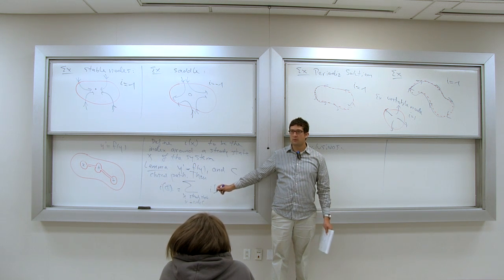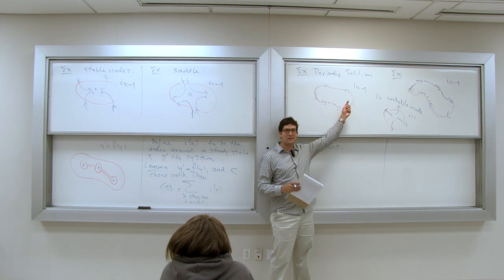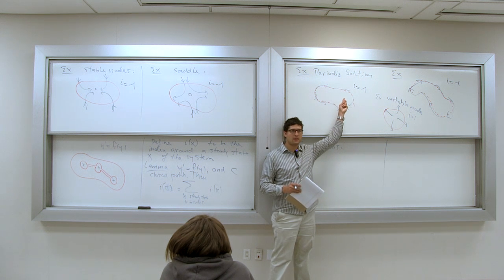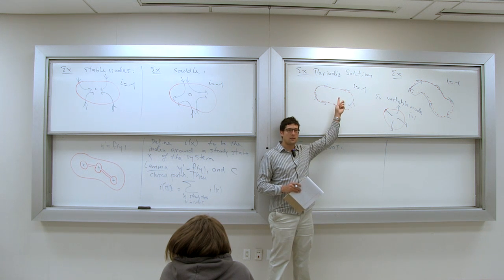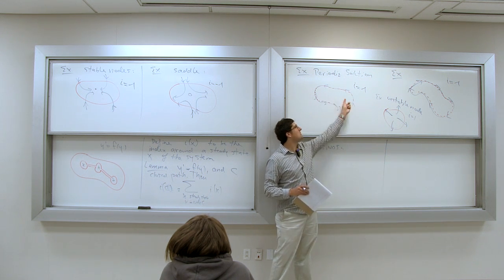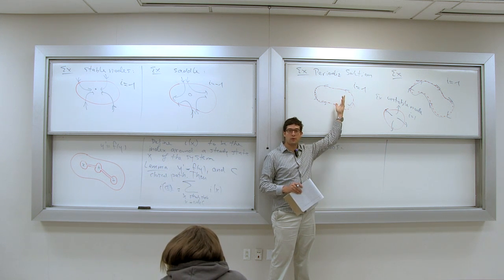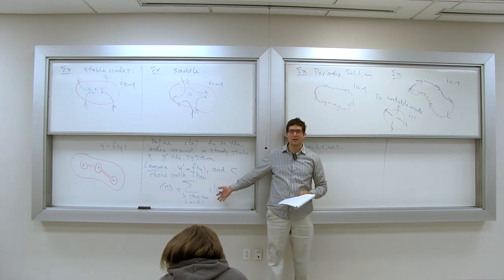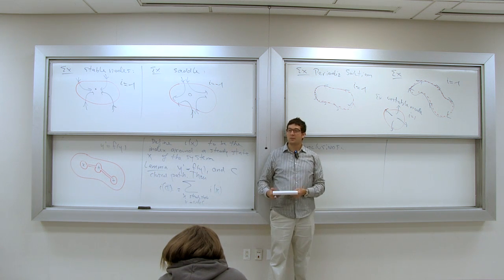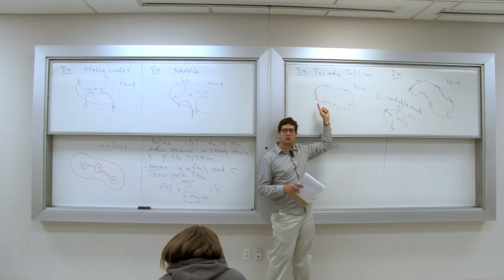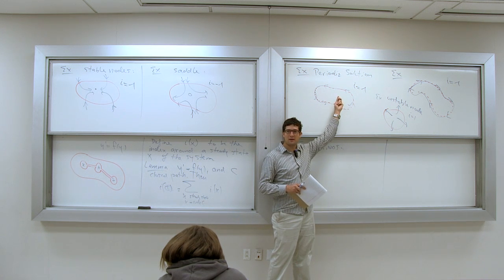So is it possible that a periodic solution doesn't have any steady state inside? What would happen if there were no steady states inside this periodic solution? The index would be 0, right? Because there would be nothing to add on the right-hand side. So that means that every time you have a periodic solution, there must be a steady state inside.